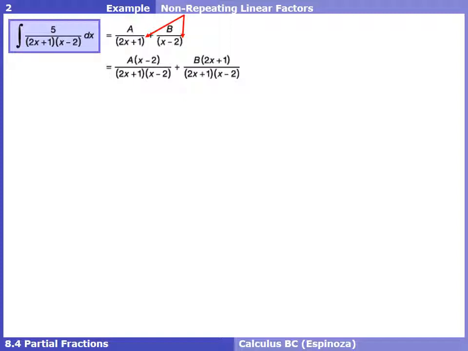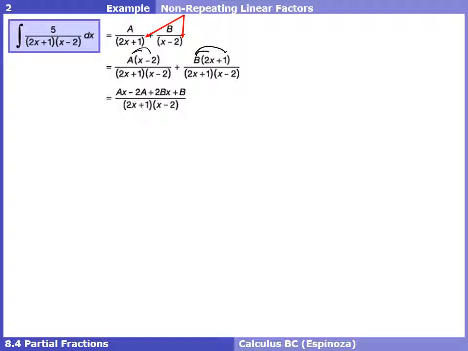Just like you saw in the last problem, we need to add these two fractions together because they have common denominators. And in doing that, just realize we're going to have to take the A and distribute it, and we're going to have to take the B and distribute it, and we'll end up with Ax minus 2A plus 2Bx plus B. After we get that, we can group the x terms together, and we're really just combining like terms, and we can group the constants together.